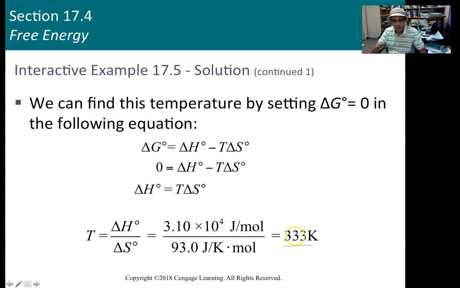This is 333 Kelvin. And notice that we have to change the unit of delta H to joules. It was reported in kilojoules, so you have to work in joules so that it is consistent with the joule unit of the entropy.